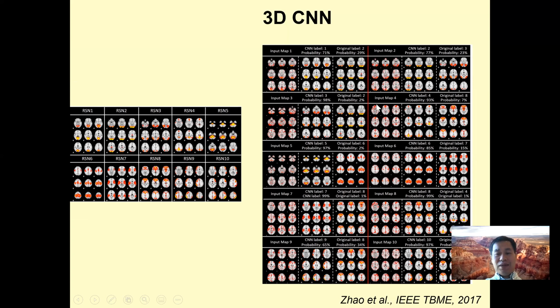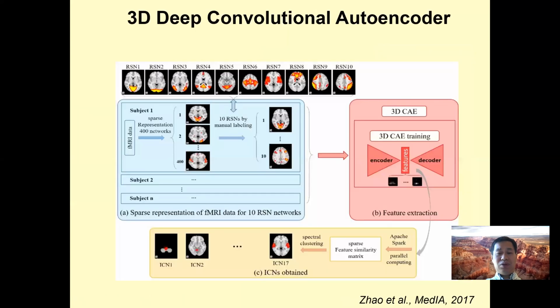So that gives us the capability of recognizing at least 10 brain networks, the reference state networks, from the hundreds of decomposed brain networks from either resting state or task-based fMRI. So that automates the process of network recognition, because typically there is a huge amount of variability when we deal with the decomposed brain networks.